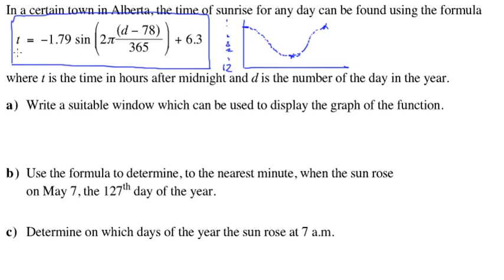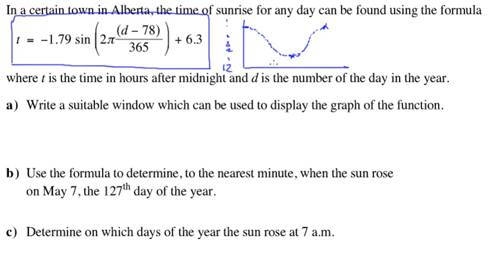So T is the time that it is when the sun comes up, and D is the day of the year. So January 1st is day 1, and January 31st is day 31, February 1st is day 32, and so on until December 31st is day 365. So write a suitable window that could be used to graph this thing.